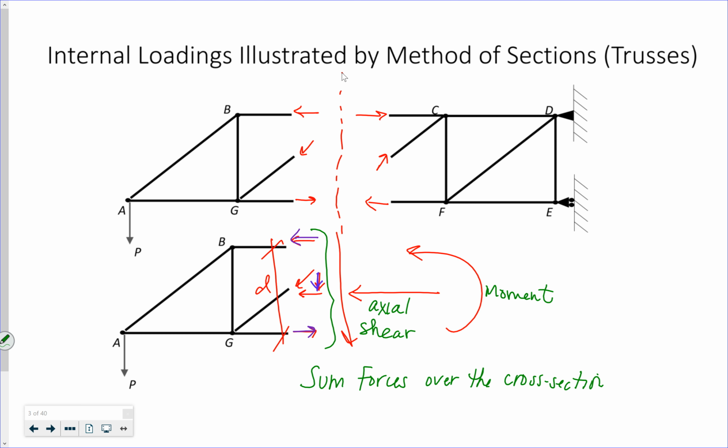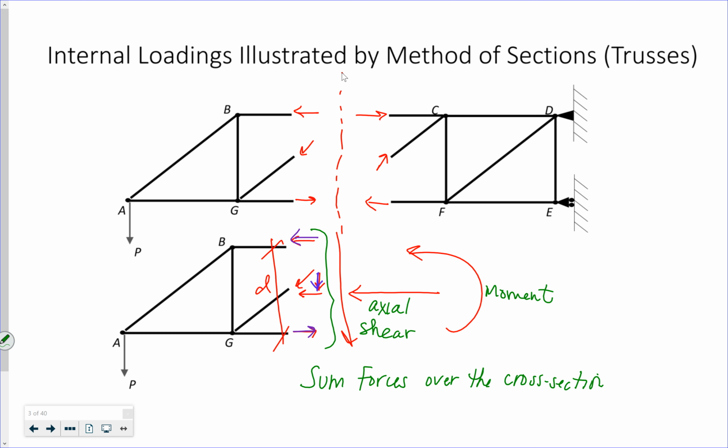A shear force acting perpendicular to that cross section, parallel to that cross section. The axial would be perpendicular. And then a moment caused by my coupled forces in the top and bottom chord. And that's basically what we're doing when we're talking about any type of cross section and moving on to beams.